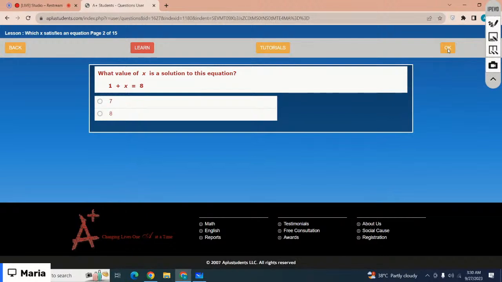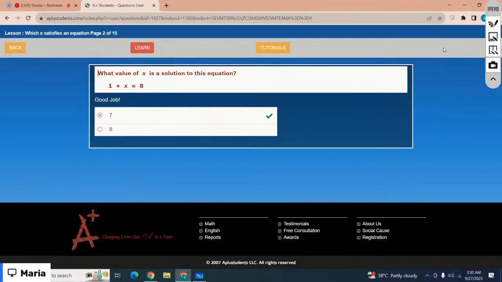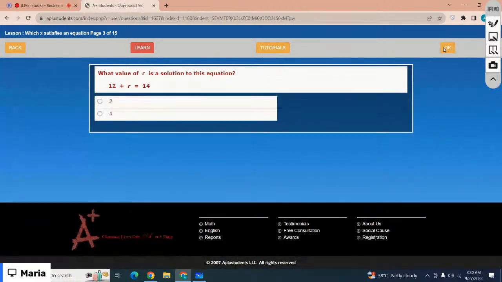The correct option is 7. Very good. Because 7 plus 1 is 8, so that means the correct option is 7. But the value of r is the solution of the equation, which is the correct option.